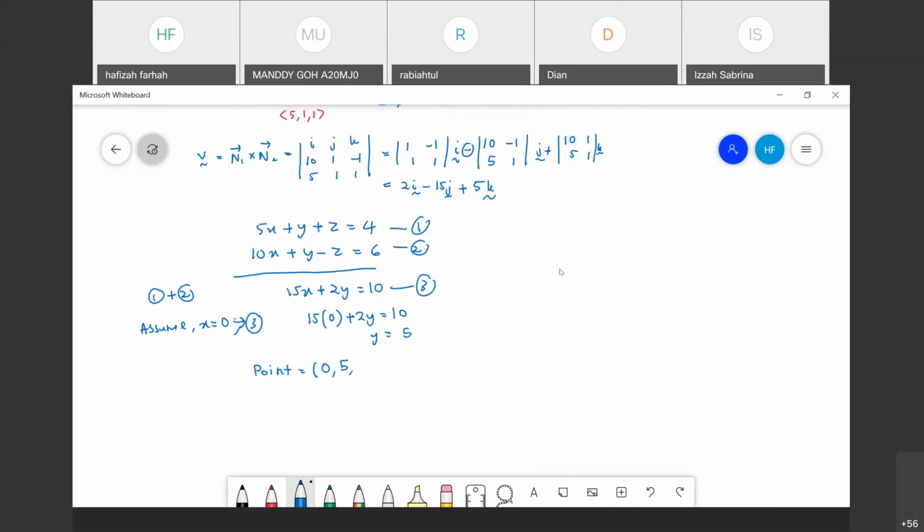So now we just substitute our values of 0 and 5 into equation 1 or 2. So 5 times 0 plus y, which is 5, plus z equals 4. So z equals minus 1. Now we have the point and we have the vector, so we can get the equation of the line of intersection.